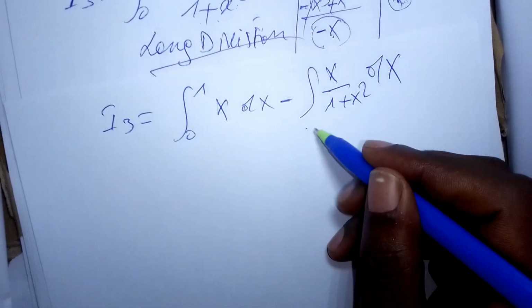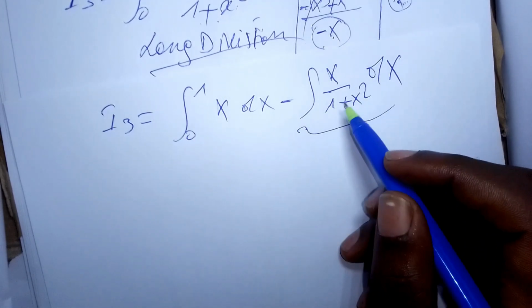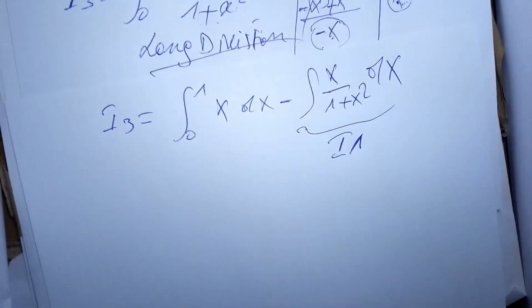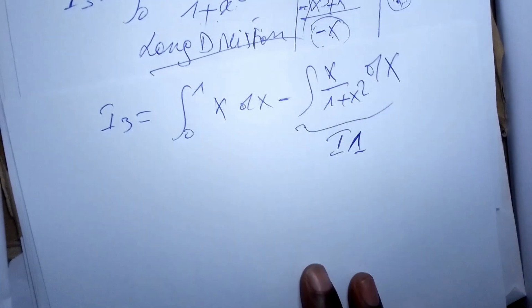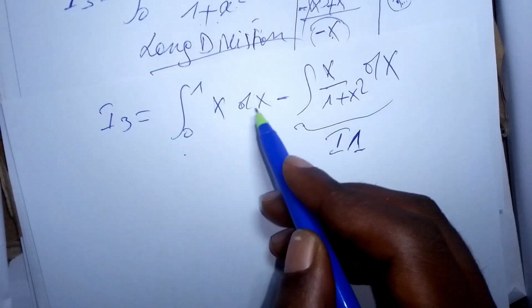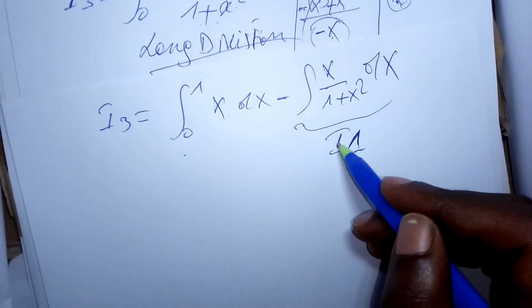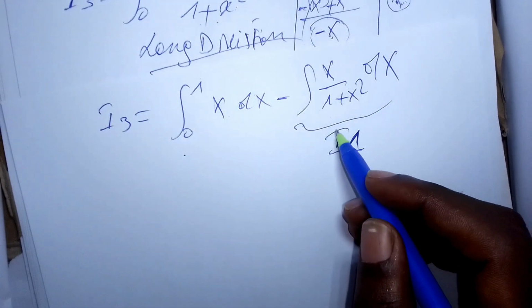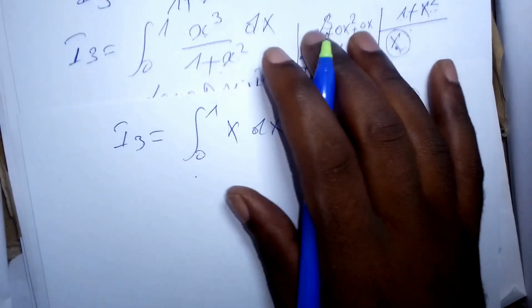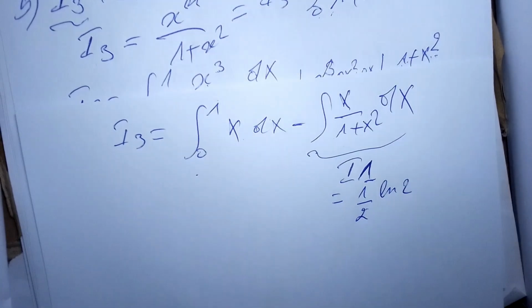If you see, this is the integral I1. So this is I1, which we already got and is equal to 1 over 2 ln of 2.